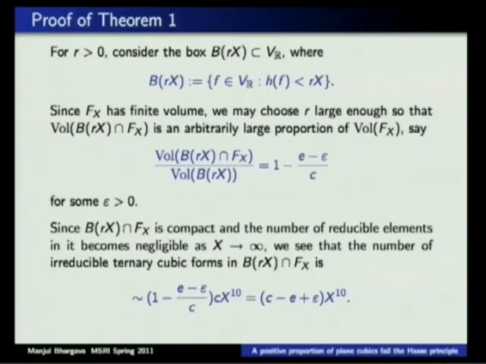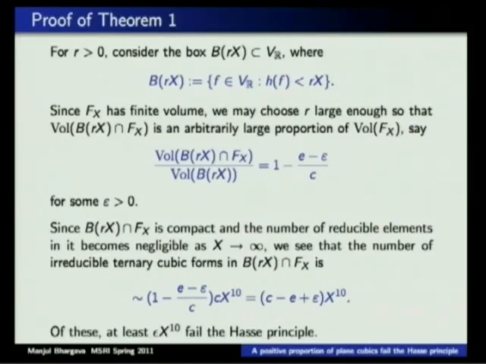It's contained in a box. And this gives the estimate of the number of irreducible points in that volume. But we know that at least this many fail the Hasse principle. At least e x to the 10th fail the Hasse principle. And since we have more than c minus e plus epsilon points, that means at least epsilon x to the 10th of these must have failed the Hasse principle.